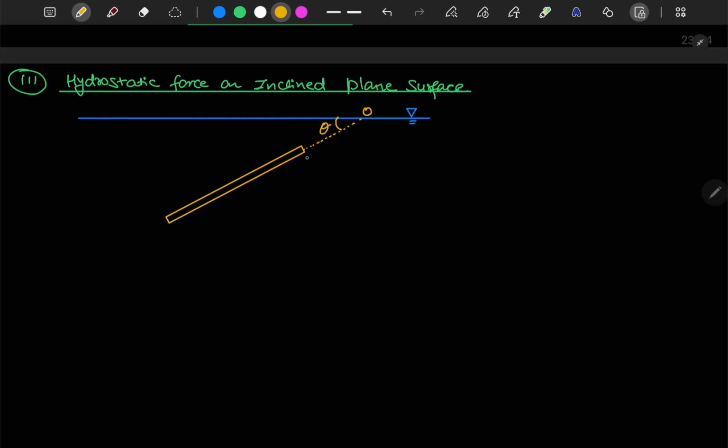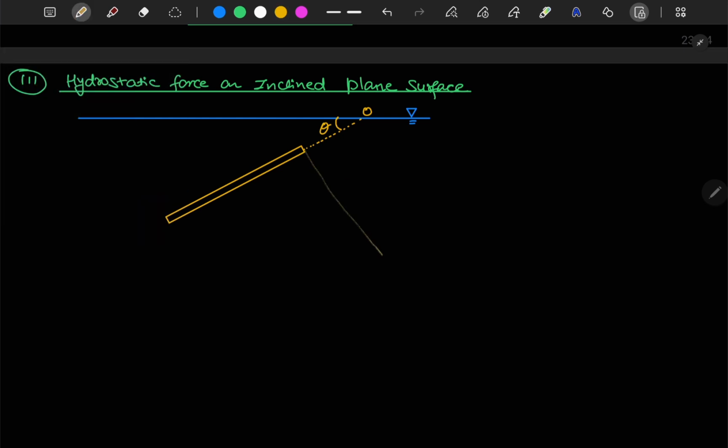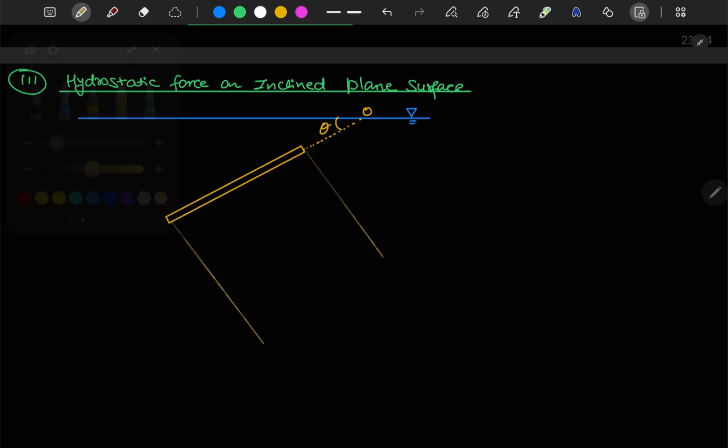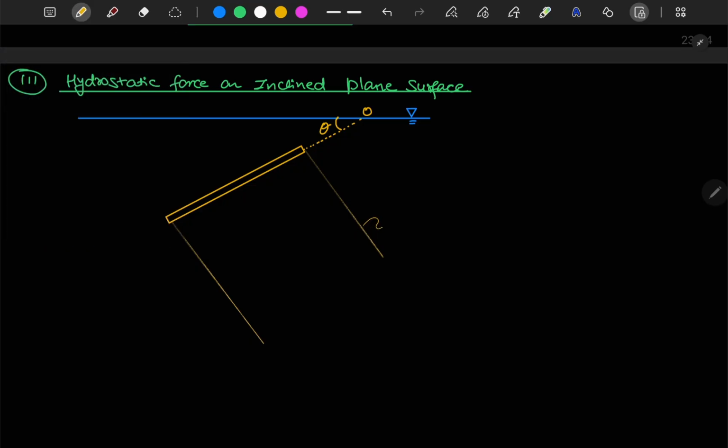If I want to project this plane in a top view, it should be something like this. Let's say this is a certain surface.